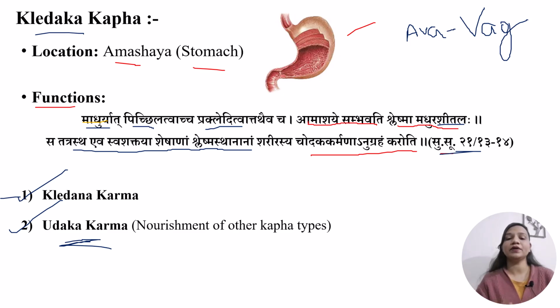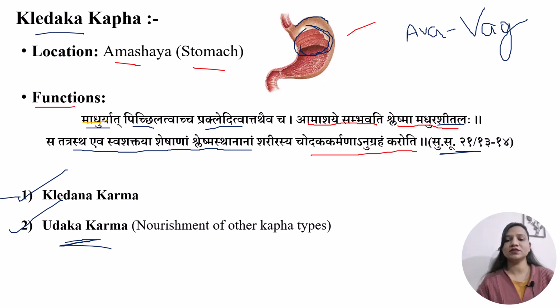And if we compare this function with modern physiology, we'll understand that here we are talking about the gastric secretions. The food that we ingest passes from the mouth through the esophagus to the stomach, and there it mixes with the gastric secretions released from the gastric glands. The gastric glands are present abundantly in the fundus and body of the stomach. So as you can see here in the picture, this is the fundus and this is the body of the stomach.